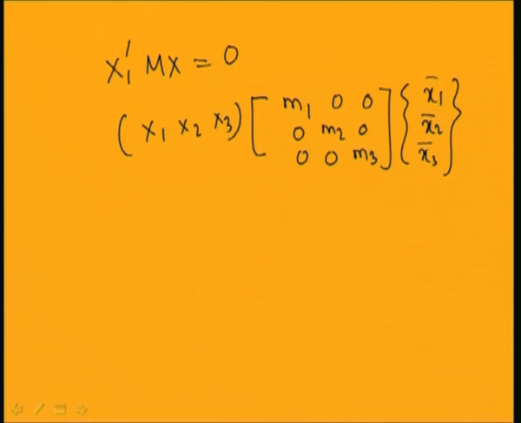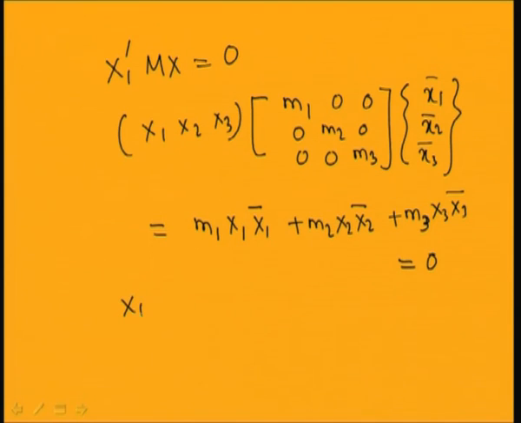If you multiply these, you get m1 x1 x1 bar plus m2 x2 x2 bar plus m3 x3 x3 bar. This should be equal to 0.